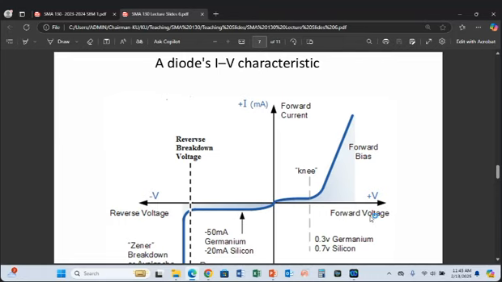So we can plot a graph of current versus the applied voltage. This diode does not behave like a resistor.